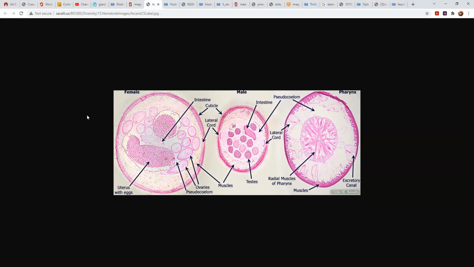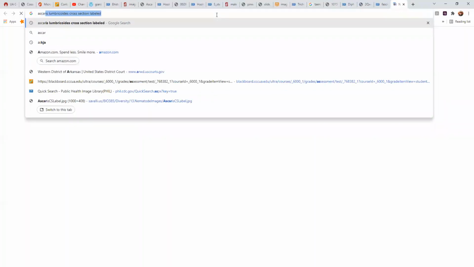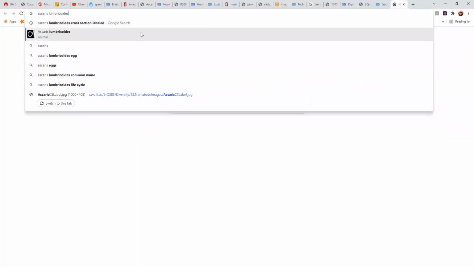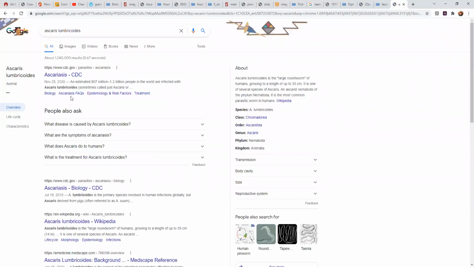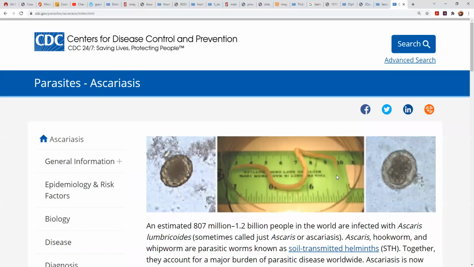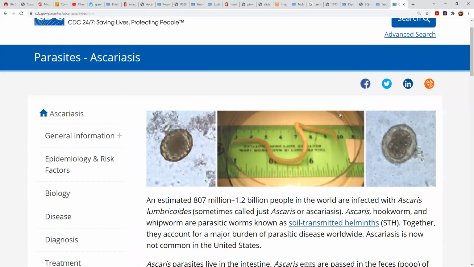I didn't put one of these in here, but just to show you, I can pull up what a roundworm looks like when we get to the CDC here. So this is what a roundworm looks like.